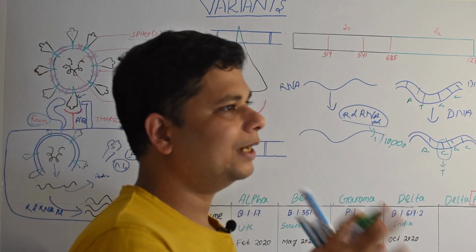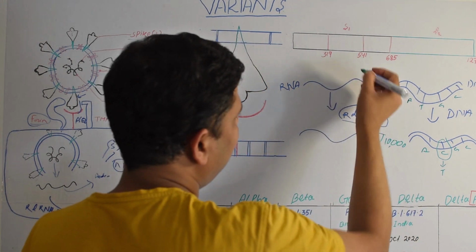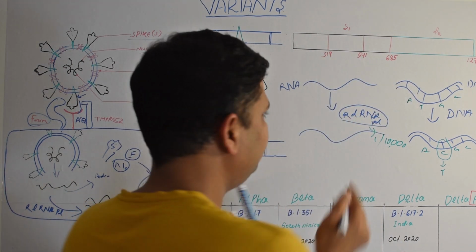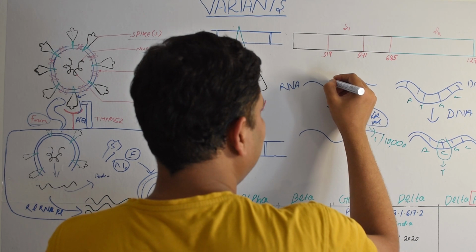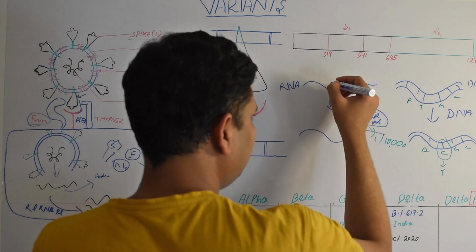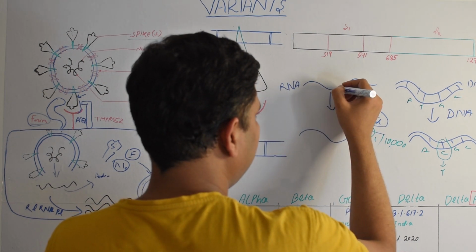Suppose one example. We will be talking about the 501 mutation. Suppose 501 is an asparagine. What happens here?